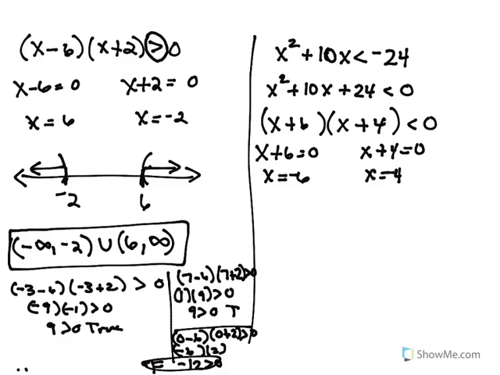So I get x is negative 6 and x is negative 4. So negative 6, negative 4. And so because it's a less than, I know that the solution is between them.